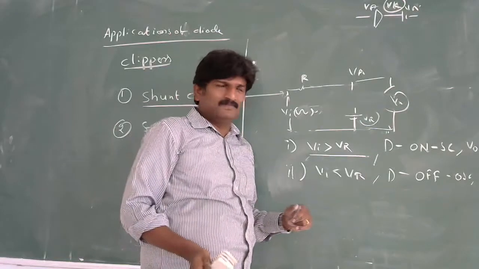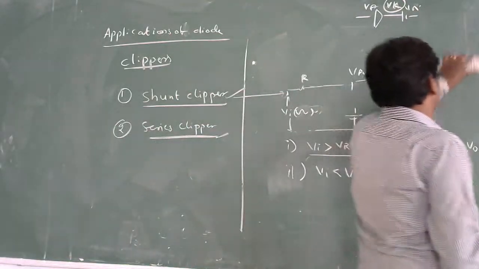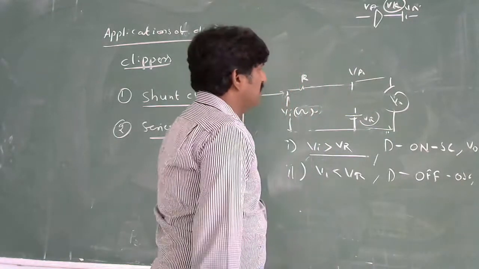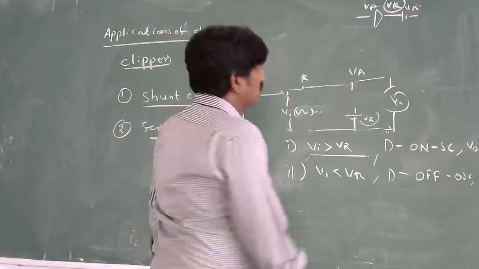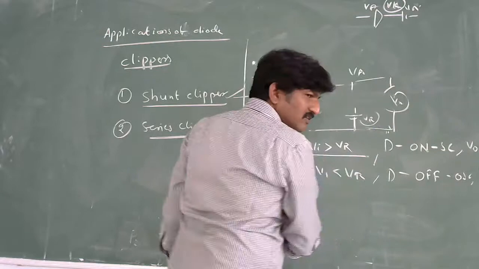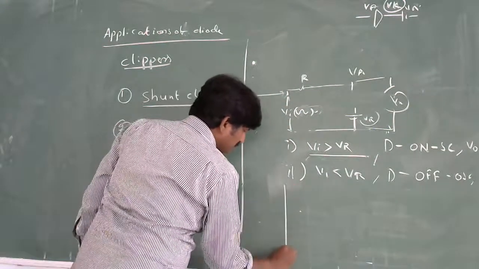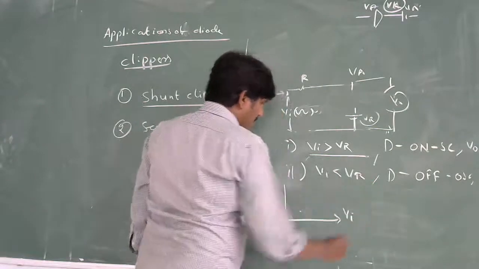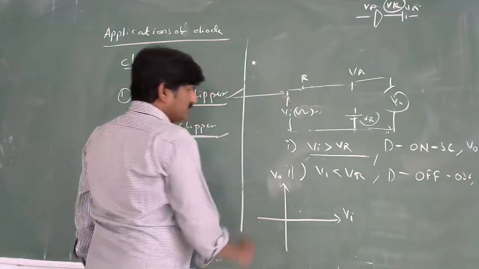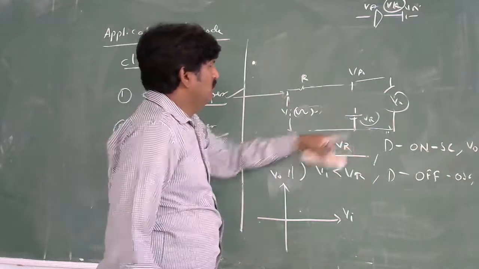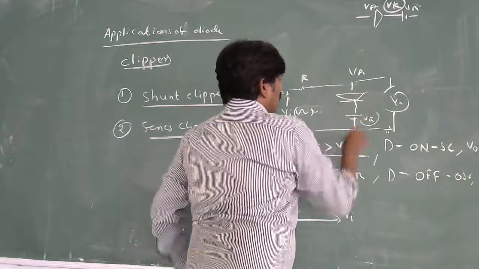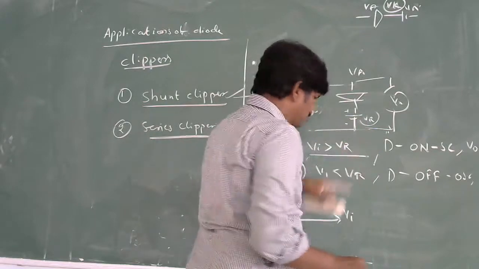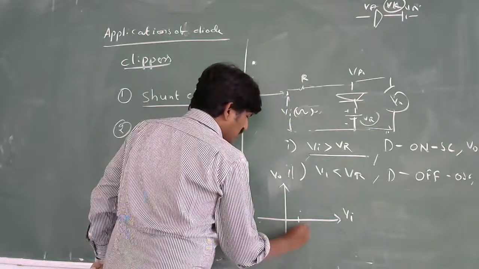What are the transfer characteristics of this circuit? Very simple. You have to understand the transfer characteristics, then we can draw it. It is Vi, and we have V naught. Positive VR, negative VR.